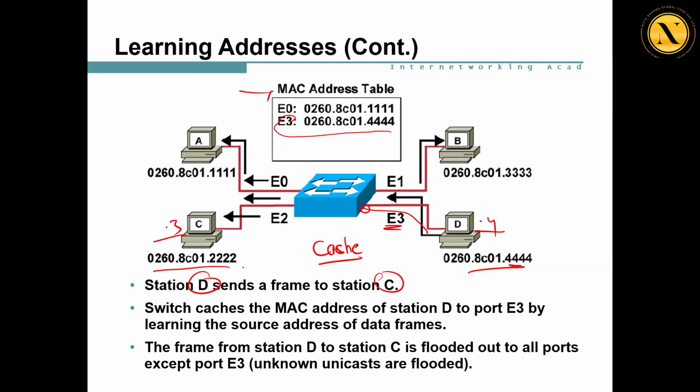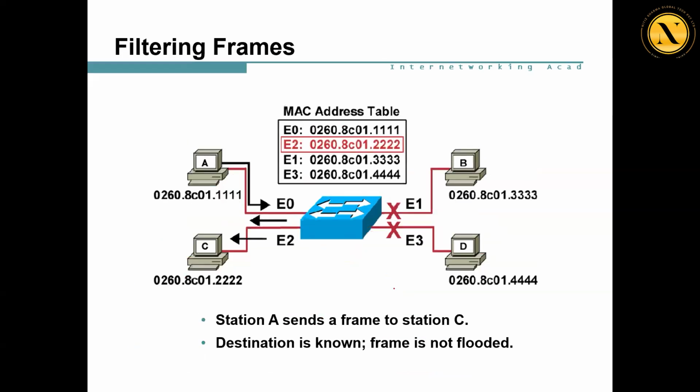And then it doesn't know where 2 is. So it will flood it, except the incoming port, it will send it to everybody else. Correct? Because unknown unicasts are flooded. Got it, sir. Switch caches the MAC address of D to port E3 by learning the source MAC address of the incoming frame.